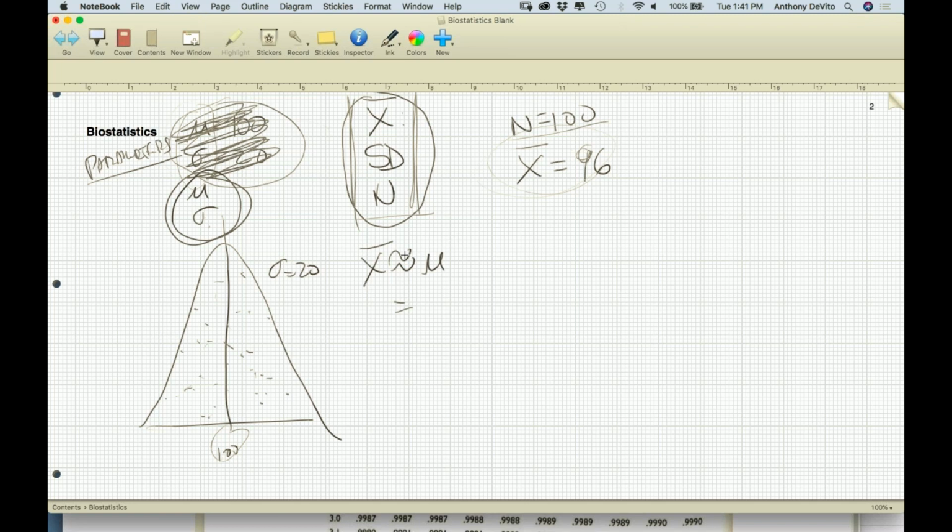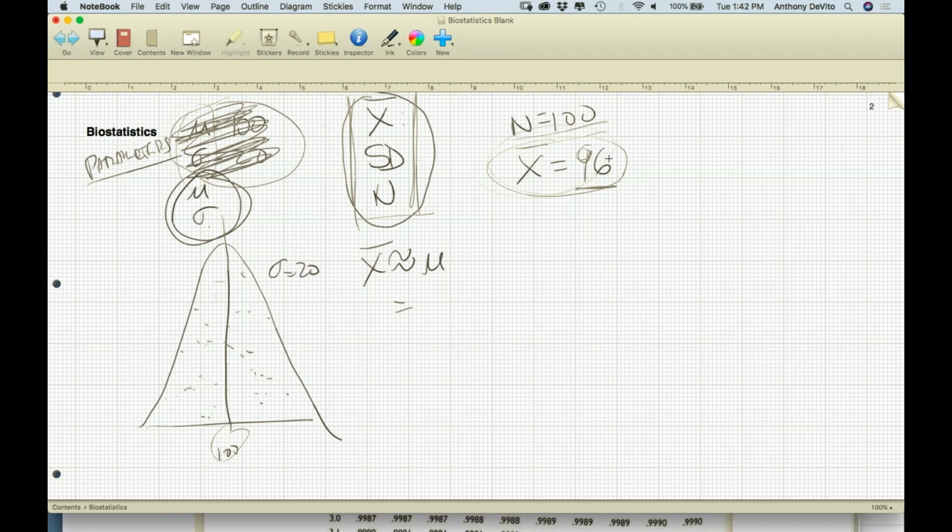The problem here is that by just taking a sample of size 100 and finding that the average blood pressure for those 100 people is 96, you might ask me, well, okay, Tony, that sounds great. How close are we to the actual mean? And you want to know something? I have no way to tell you. I can't tell you how close we are to the actual mean. It's not obvious from what the sample mean is.